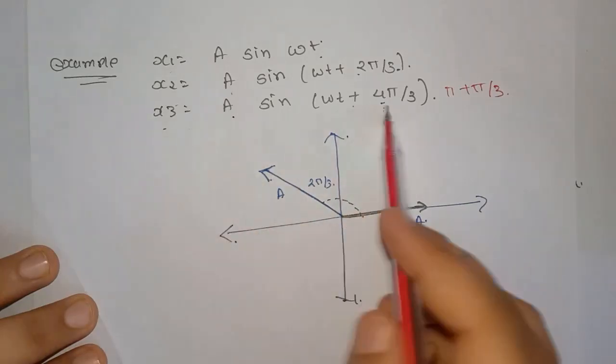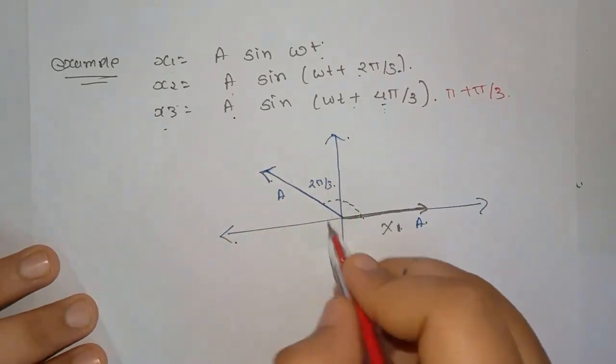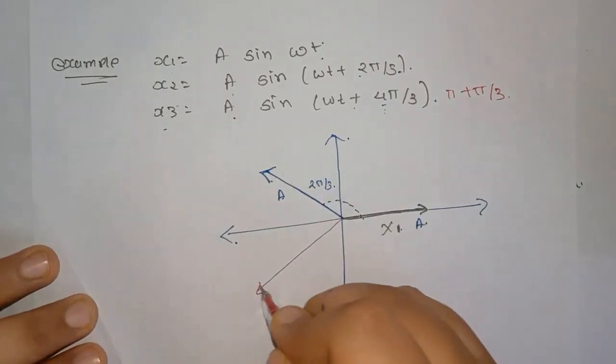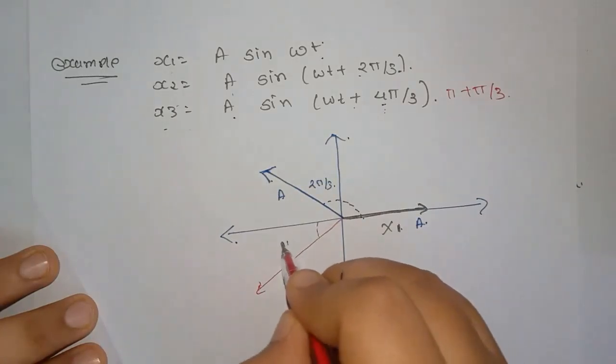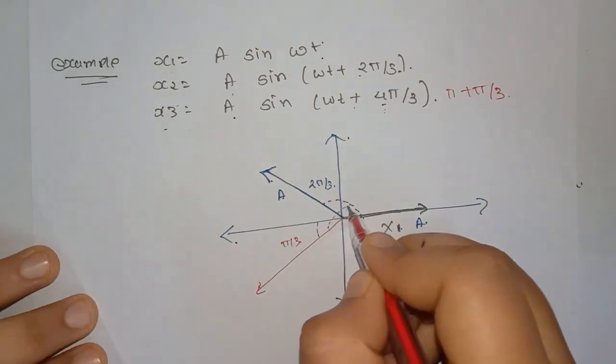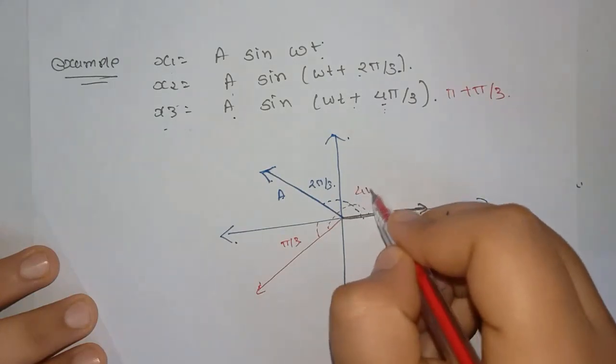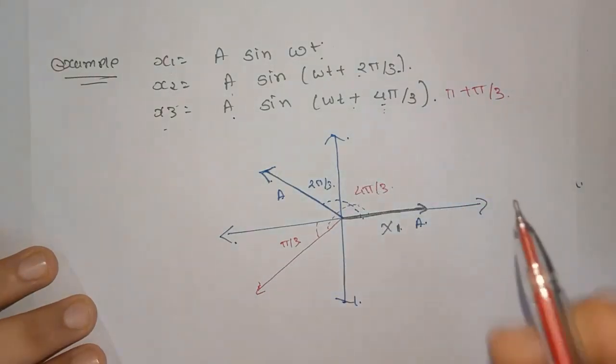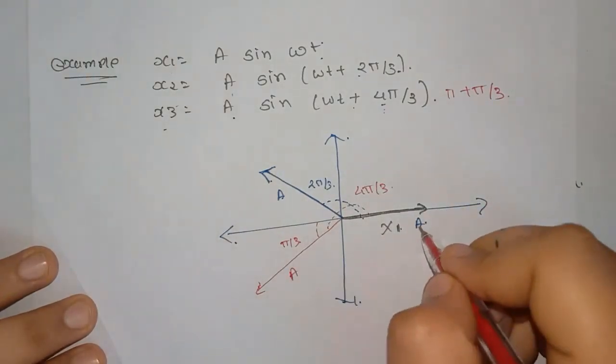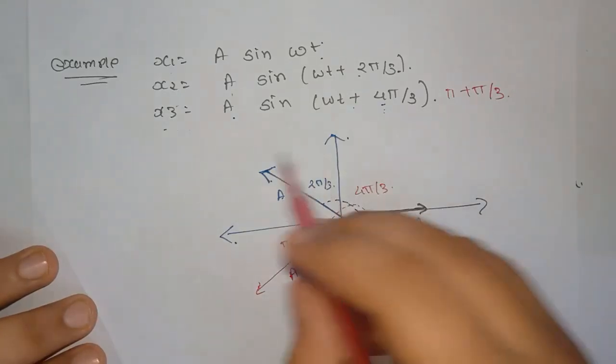So this vector will be in the third quadrant, making an angle π/3, and this total angle will be 4π/3. They all have the same magnitude or same length A.